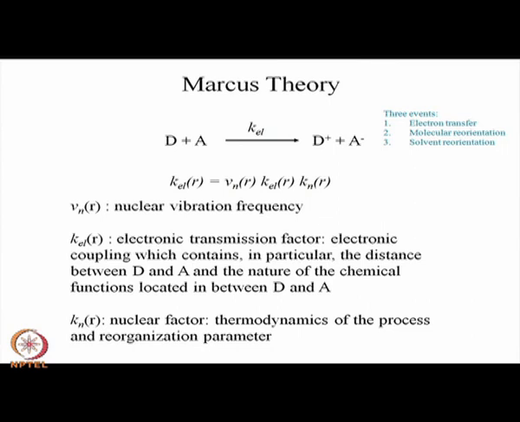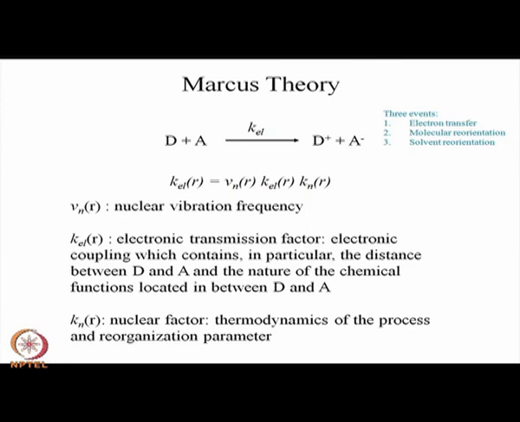One is related to the nuclear vibration frequency, where VN is the nuclear vibration frequency. KEL is the electronic transmission factor, that is electronic coupling, which contains in particular the distance between D and A and the nature of chemical functions located in between D and A, that means the spacer between D and A.